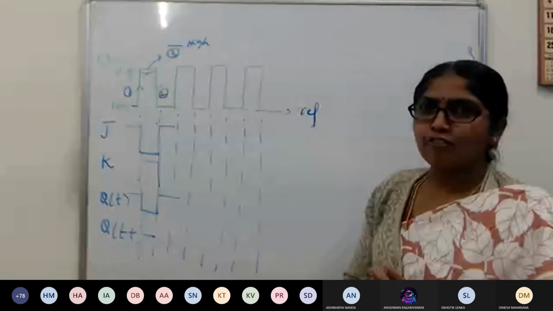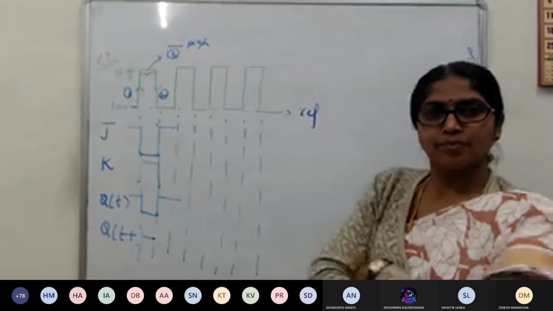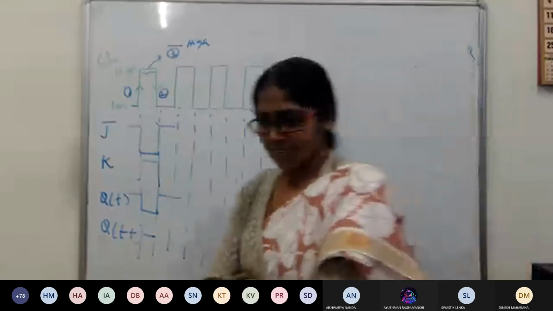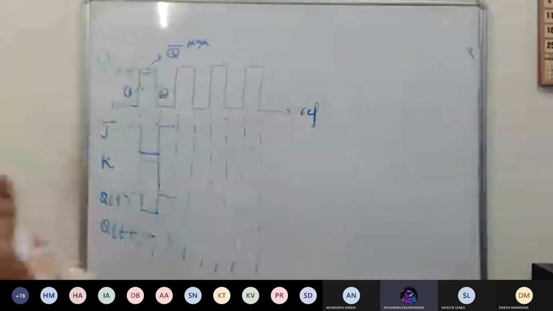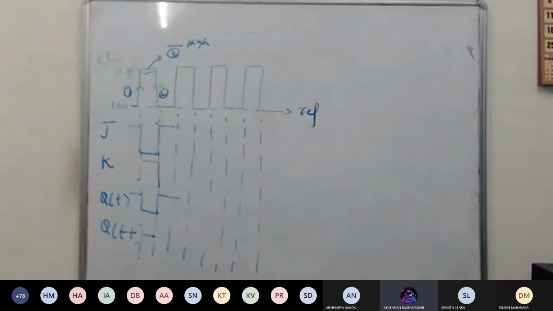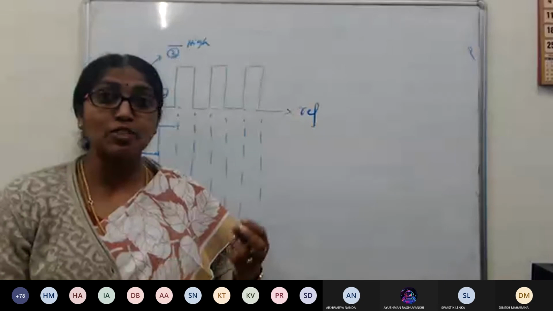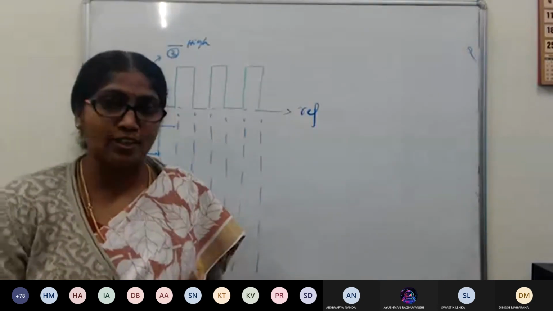Which level of pulse do you want? Standard levels, or you can use the edges also. We can use the edges also. Now the speed comes into matter. We want quick clock pulses to change. That means triggering effects. Immediately the outputs have to change and the process has to continue.